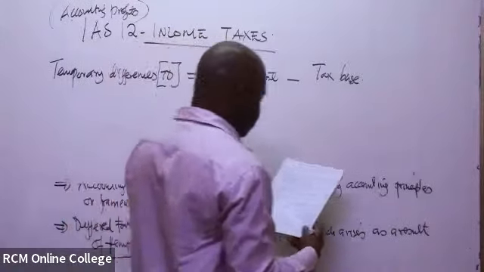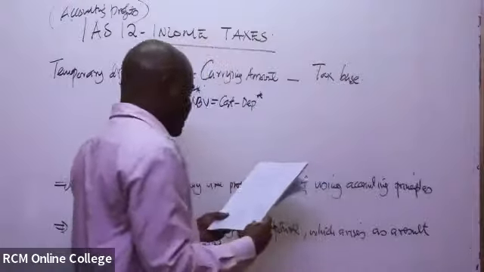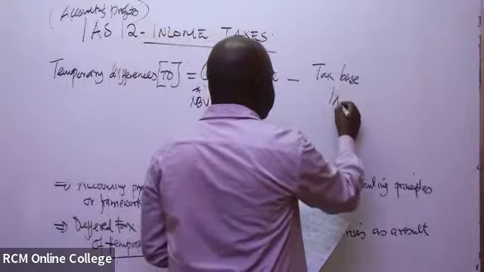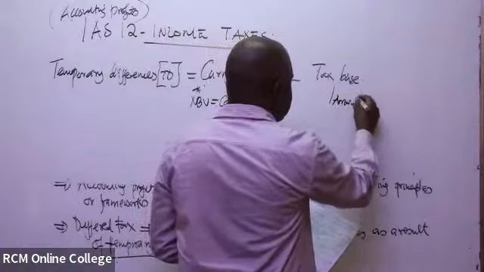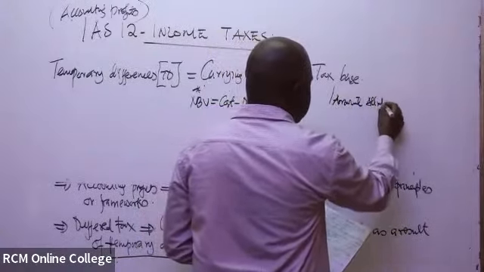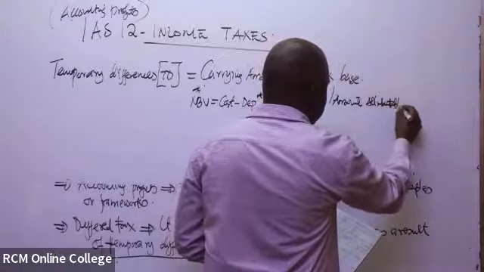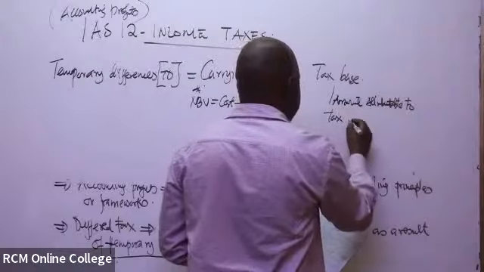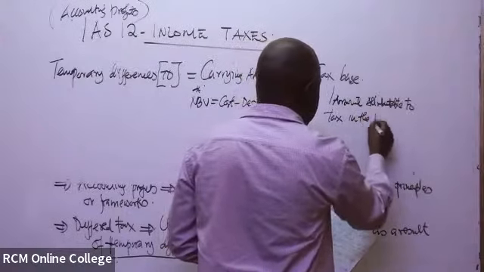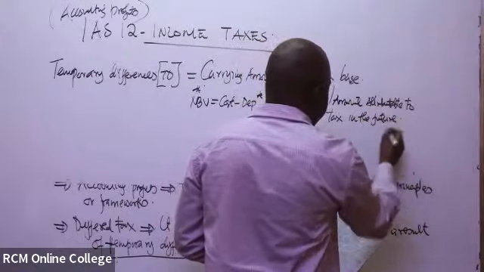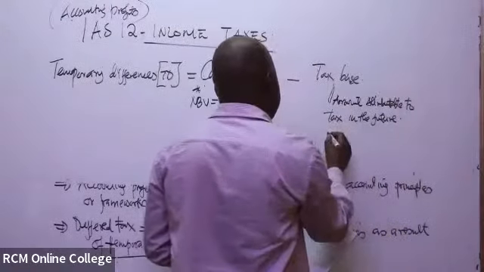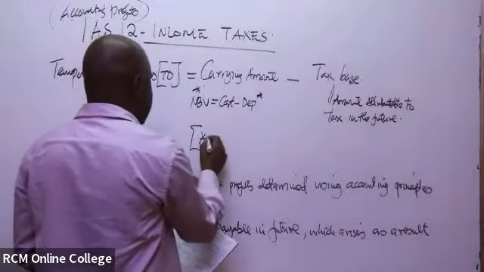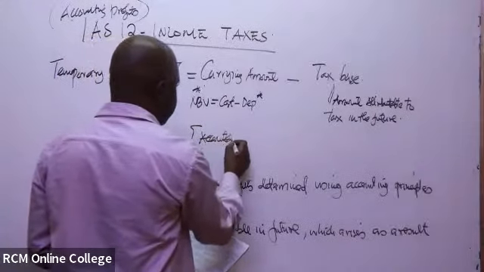So it is the amount attributable to tax in the future. The carrying amount is determined by the accountant as he prepares his books of accounts.